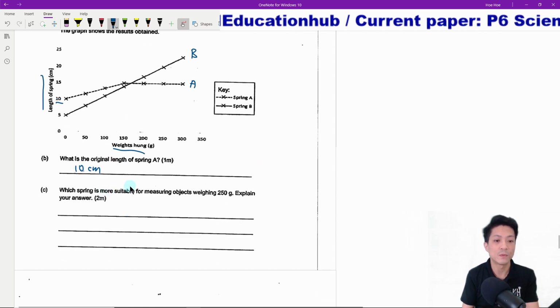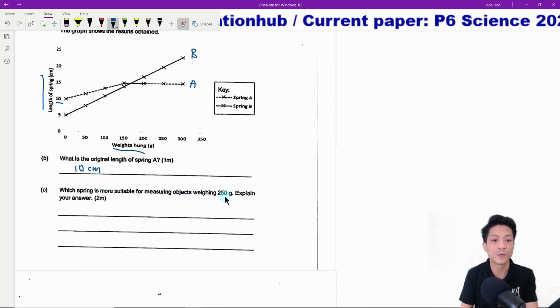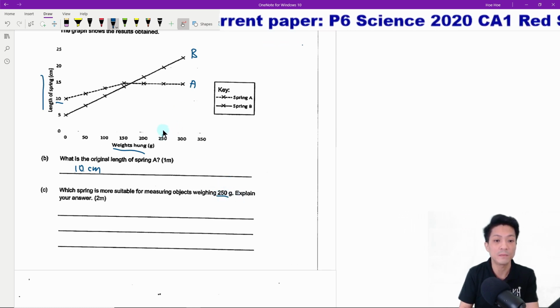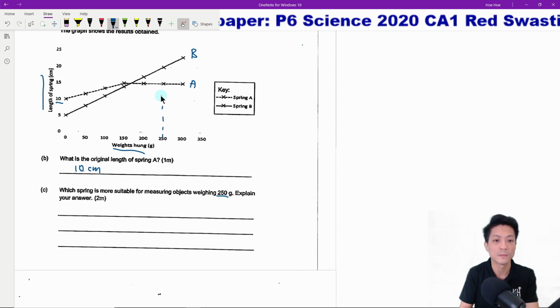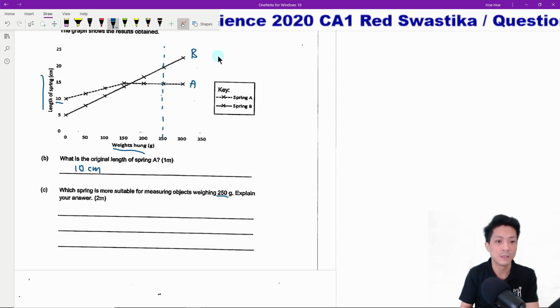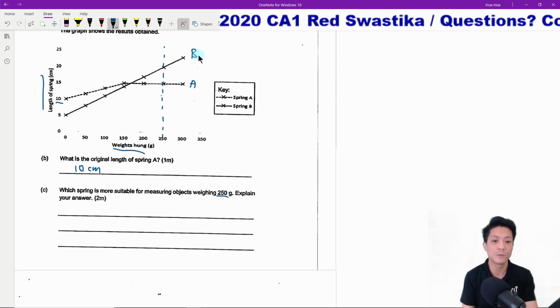Okay, which spring is more suitable for measuring objects weighing 250 gram? So if you look at 250 gram and draw a dotted line upwards, spring B will be the one that's more suitable.